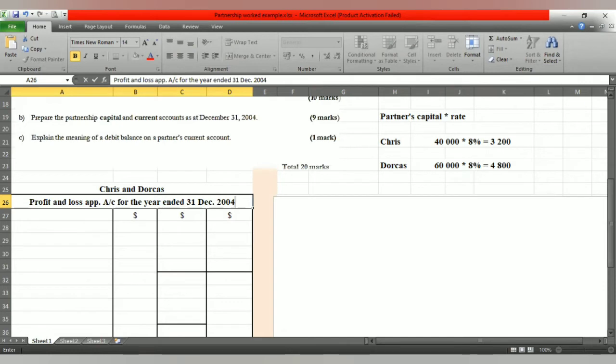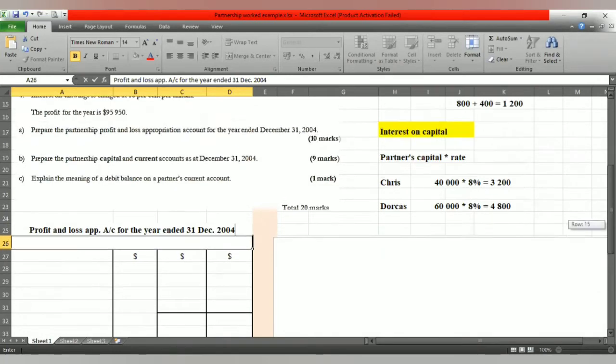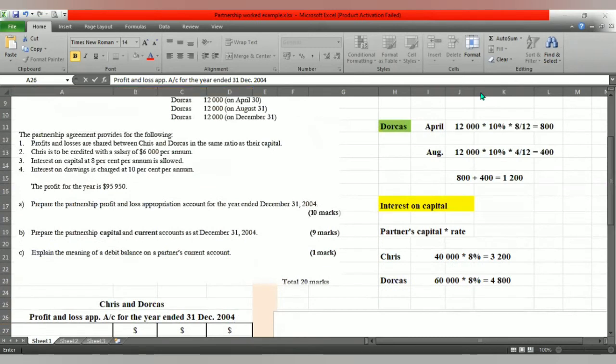In doing your appropriation account, you will pick up your net profit. There are times when the net profit is not calculated and you will have to go through that process and calculate it. You know how to do that. In this question, we're presented with the net profit, and that value is, as indicated right here, the profit for the year is $95,950.